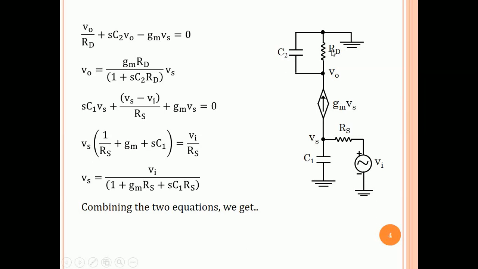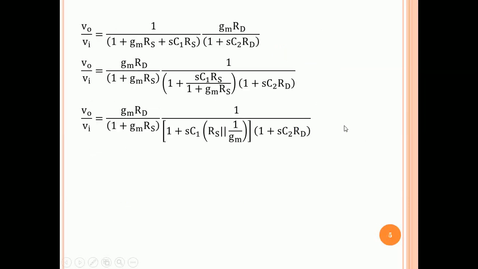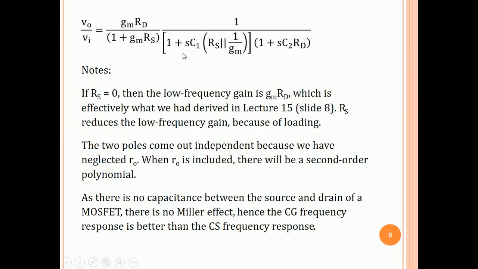The resistance seen by C2 is Rd here, and for the resistance seen by C1, we short the Vi, so we get Rs to ground in parallel with the resistor looking up the source of the MOSFET, which is 1 by GM if there is no RO. So that's how 1 by GM parallel Rs comes in this equation. Alright, so this is the equation.